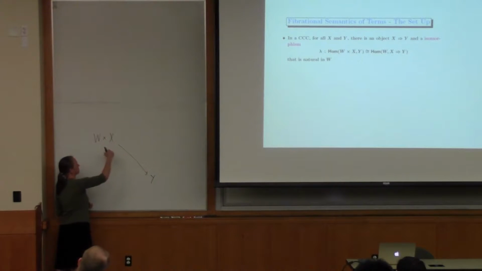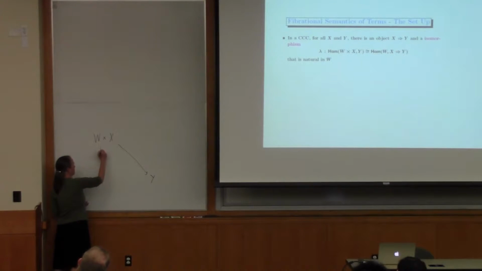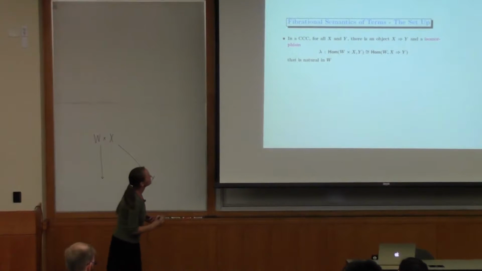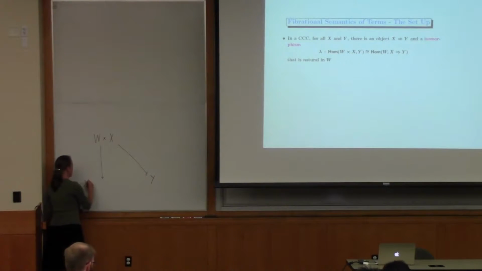And he said the point of an exponential is that if you have a morphism like that, then I have a corresponding morphism from w to the exponential of x and y.